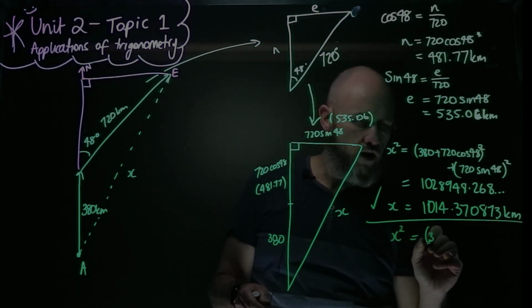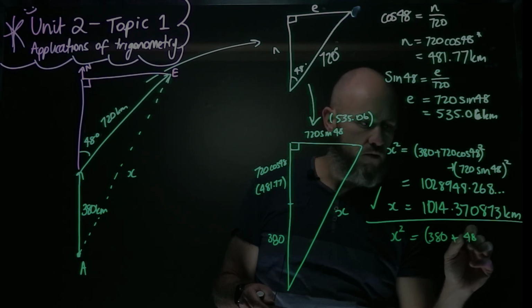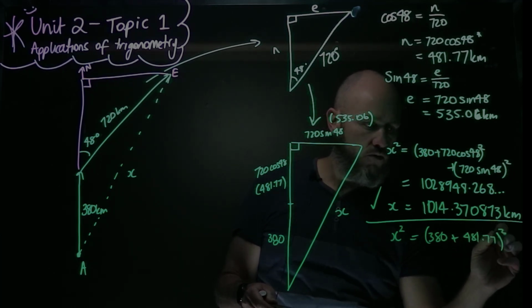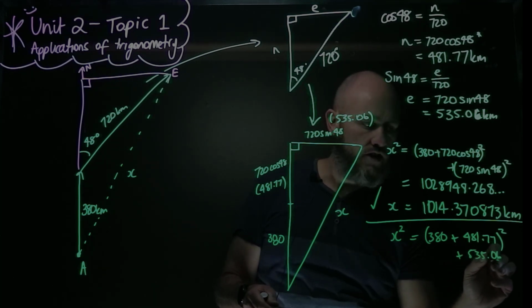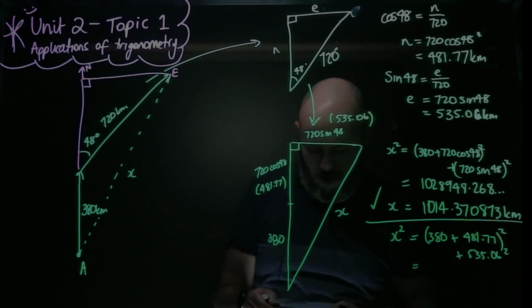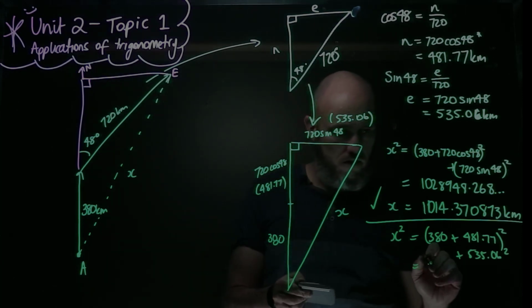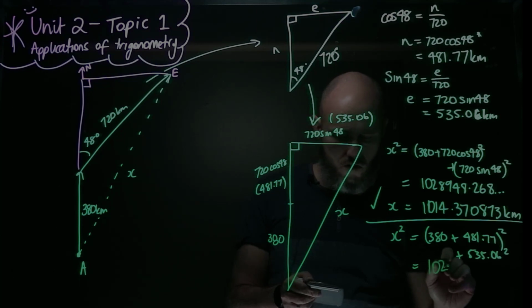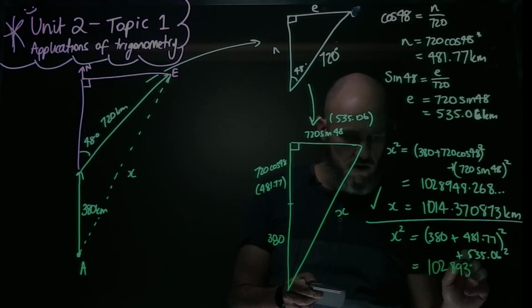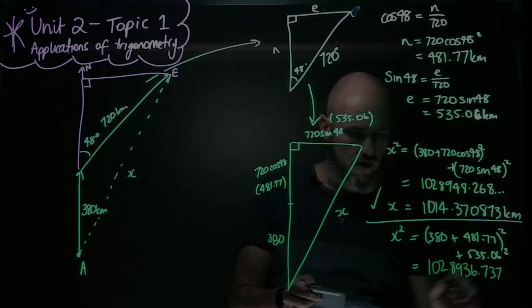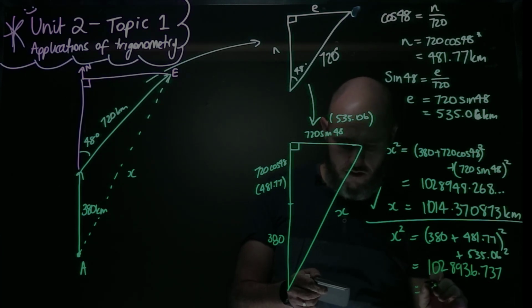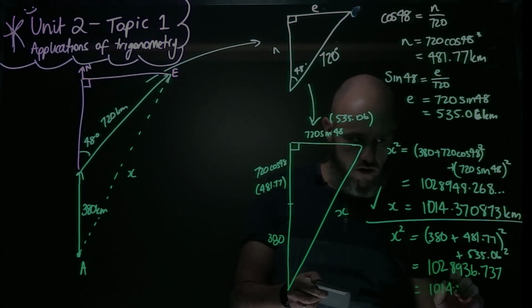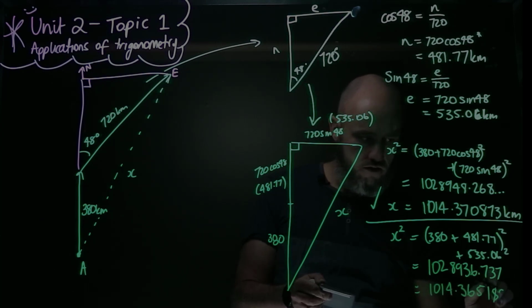X squared equals 380 plus 481.77 squared plus 535.06 squared, and then I'll get that value. 1028936.737, and when I take the square root of that value, that gives me 1014.36518.9.